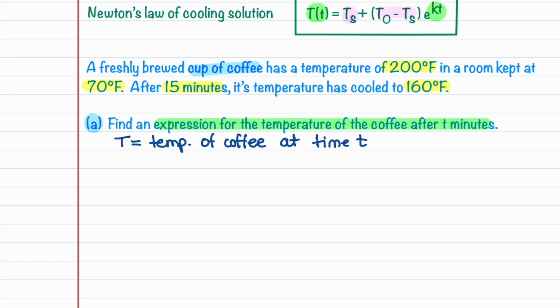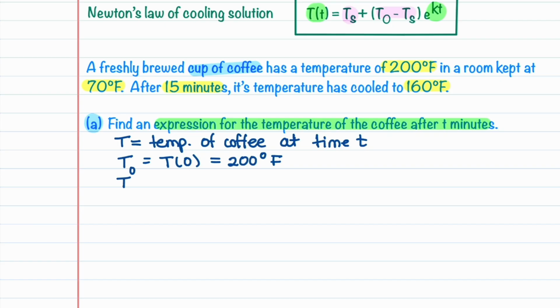Let's now write down what we are given. We are told that the temperature initially is 200 degrees Fahrenheit. So we have T sub 0, which is capital T of 0, and that is 200 degrees Fahrenheit. We are told that the room that the coffee is in is 70 degrees Fahrenheit.